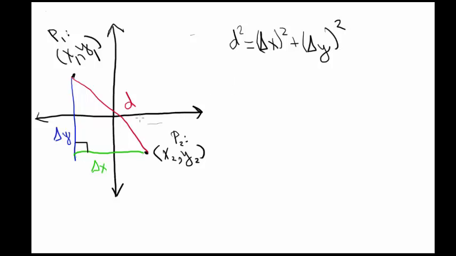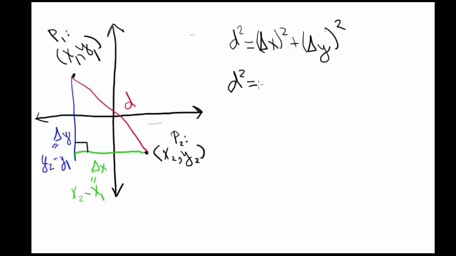What are our change in x and y? Our change in x is going to be the difference between the x coordinates, and our change in y is going to be the difference between the y coordinates.